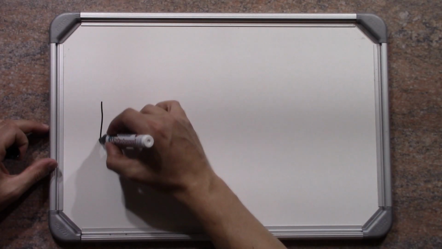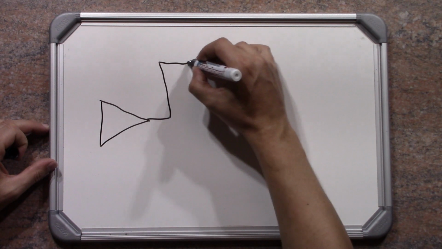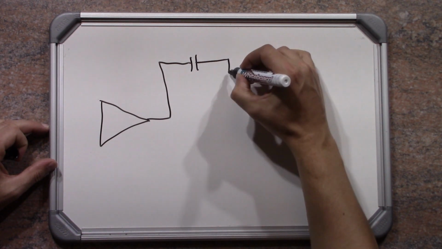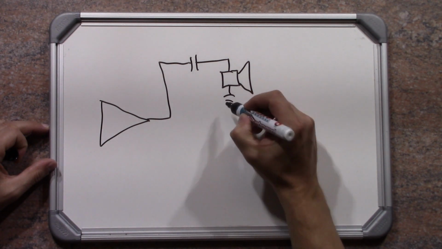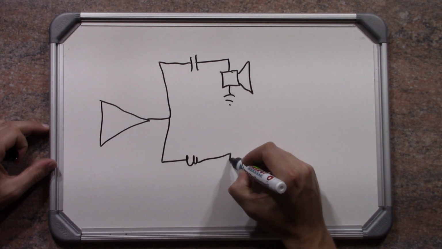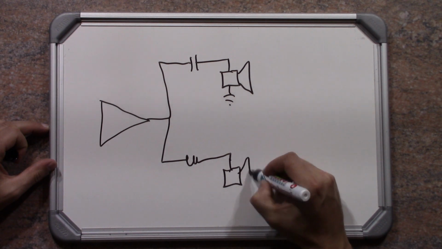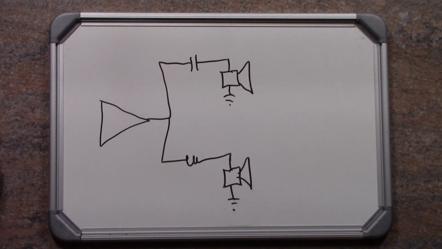The traditional way to use a crossover would have been to add a filter on the output side of your amplifier. So a traditional crossover would be a capacitor on the tweeter and an inductor on your woofer. Now I'm sure you've heard that lots of people are talking about using special cables on speakers to reduce the impedance.